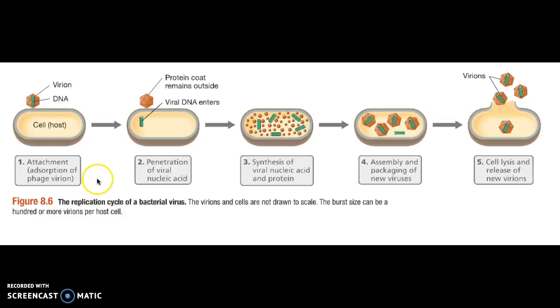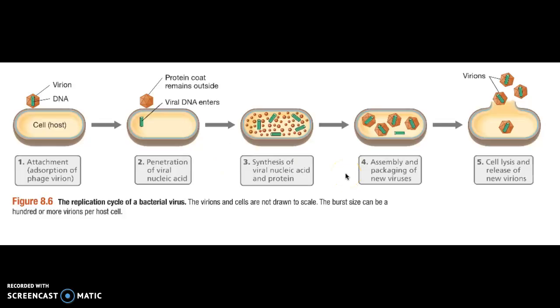So step 1, we have attachment or absorption of the phage viron. Next, we have penetration of the viral nucleic acid. Step 3 is synthesis of viral nucleic acid and protein. Now, it uses all of the host cell's energy and mechanics to do this.